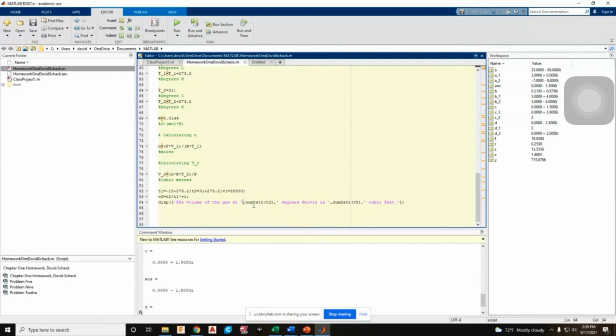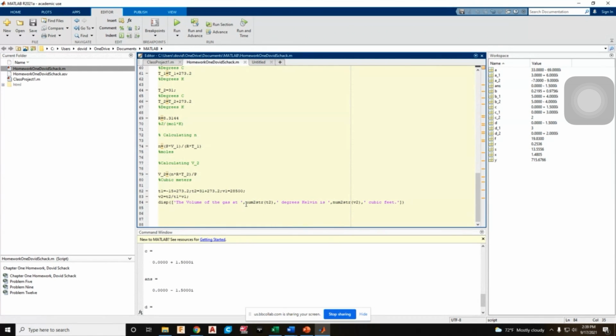And then there's a comma to separate that from the next piece, which is num2str. Sorry, I don't know the terminology. That's all right. The apostrophe just shows the computer that it's a string, where the string is located, yes.